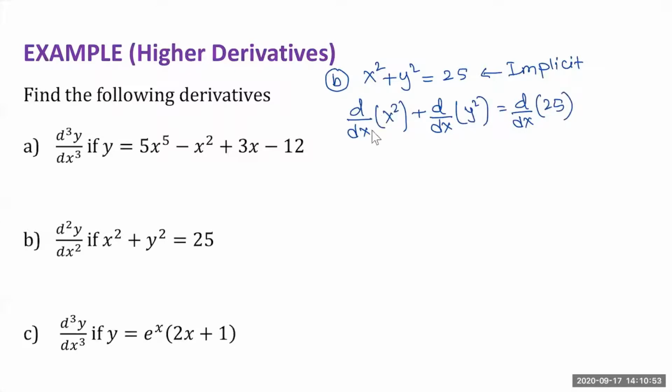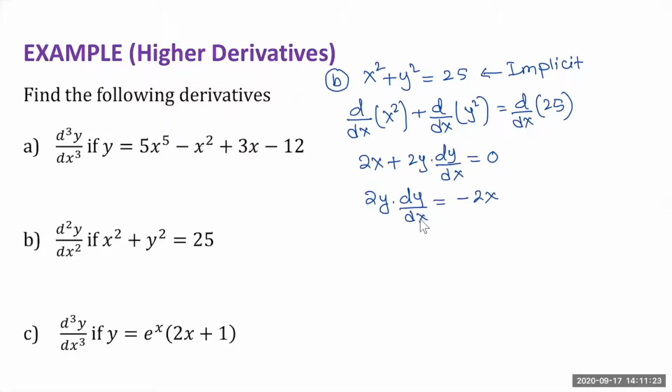The derivative of x squared, now you know that it is 2x. The derivative of y squared is 2y dy over dx, because you are differentiating y with respect to x, equal to the derivative of 25, which is 0. I am looking for dy over dx, so I'm going to move this 2x to the other side. So it will be 2y times dy over dx equal to, if I subtract 2x on both sides, minus 2x.